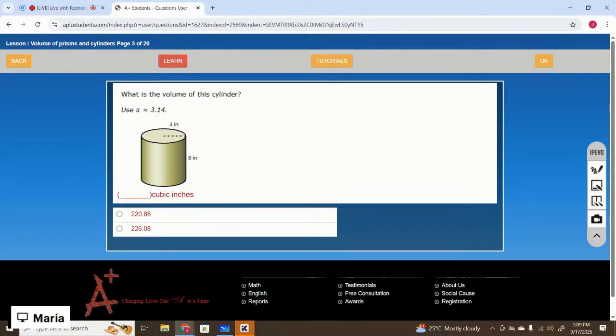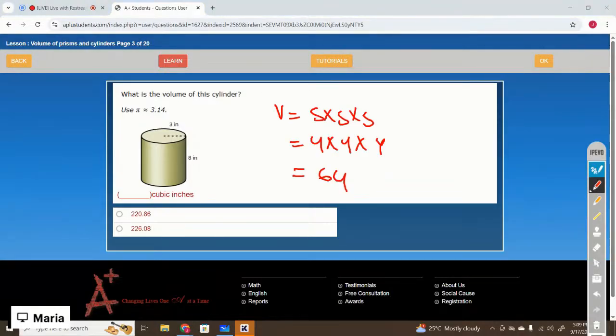What is the volume of the cylinder? We need to calculate the area of top and bottom first, right? That is A equals pi r square.